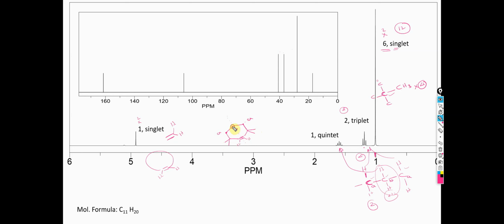If you look at this, 1, 2, 3, 4, 5, 6, 7, and then you have 4 methyl groups in this molecule, and this is one of the structures that is possible for this carbon 13 and also for this proton NMR. Now there's only one hitch in this structure for the carbon 13. This perfectly explains the proton NMR you're looking at here, because these methyl groups are going to be singlets, and these 2 hydrogens are the same, therefore it is going to appear here.